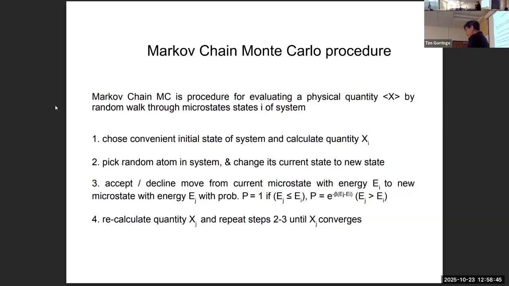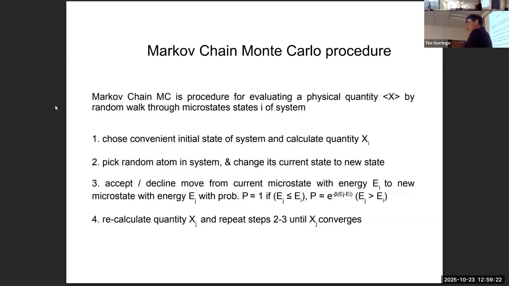So I'm going to pick randomly a magnetic dipole moment in that collection of dipole moments, and then try to flip its orientation. If it was up, I'll try to flip it down. If it's down, I'll try to flip it up. I'll accept or decline that flip from up to down or down to up based, again, on the Boltzmann equation.